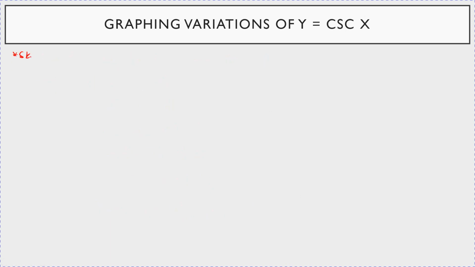So we're going to sketch 2 periods of this y is equal to 2 times cosecant of x minus pi. And we're going to do it using y is equal to 2 times sine of x minus pi.